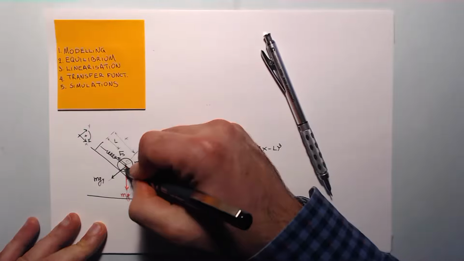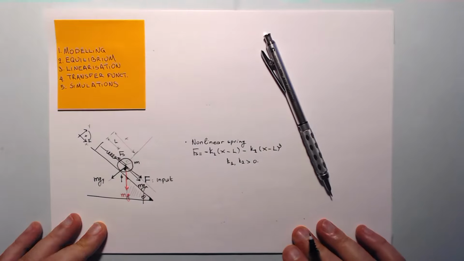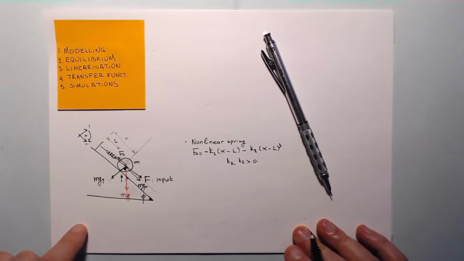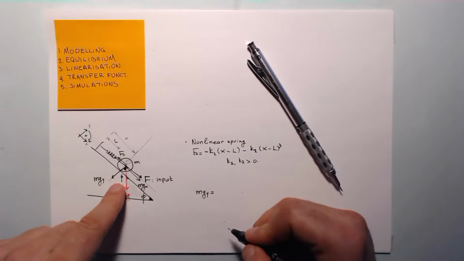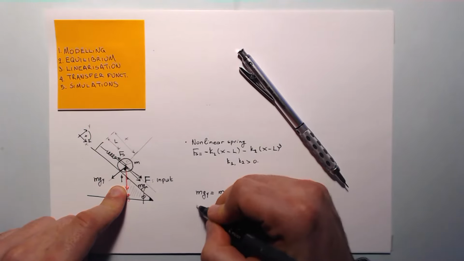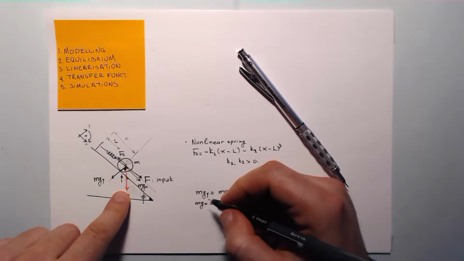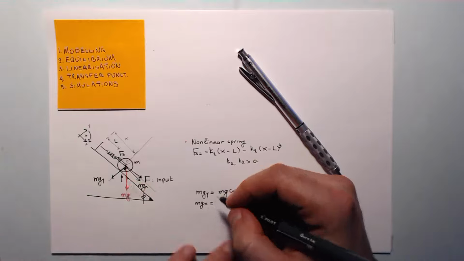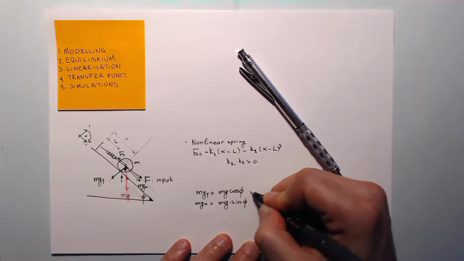Therefore, this angle down here is angle phi as well. So mgy, which touches phi, is mg times cosine phi. And mgx, which is opposite to phi, is mg times sine phi.